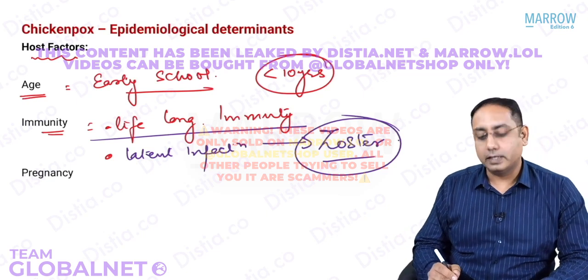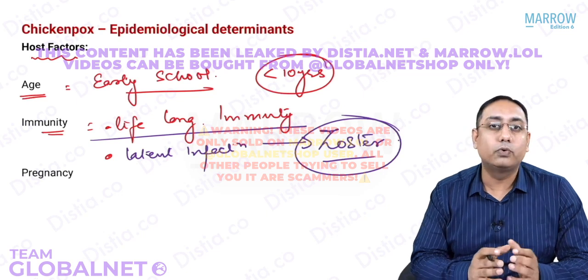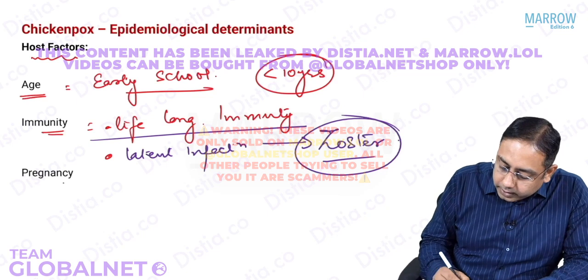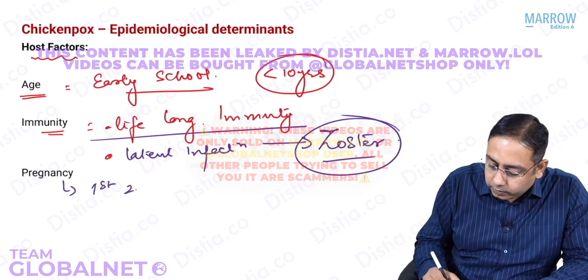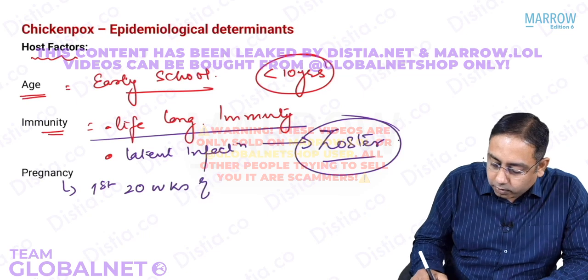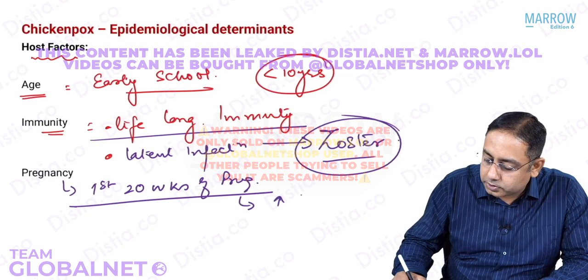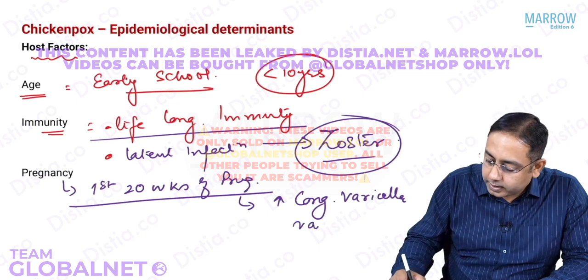MCQ about pregnancy. If a female is pregnant, there could be some serious problem, not to the mother but to the child. If the mother gets varicella infection in the first 20 weeks of pregnancy, there is a high chance of congenital varicella syndrome.